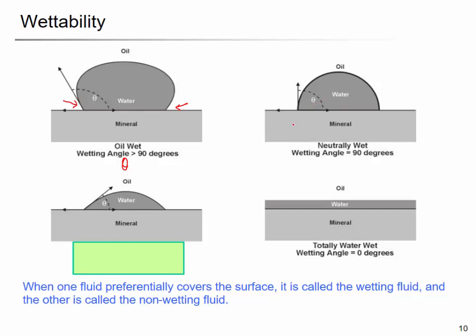And if it's water wet condition, then the theta is less than 90 degrees. And the water is covering more area in the neutral wet.